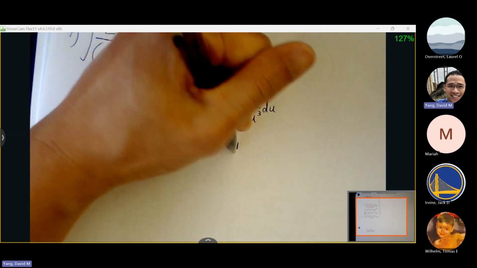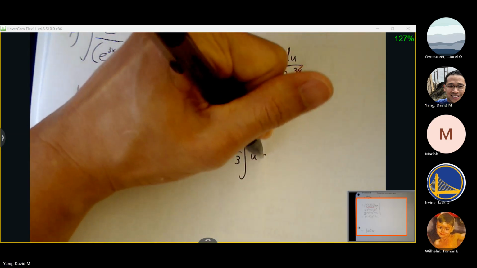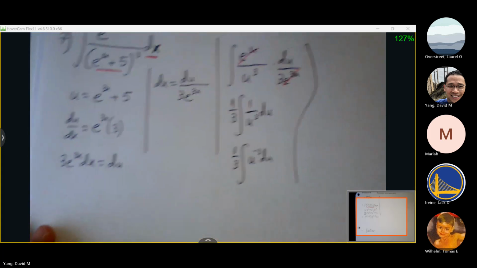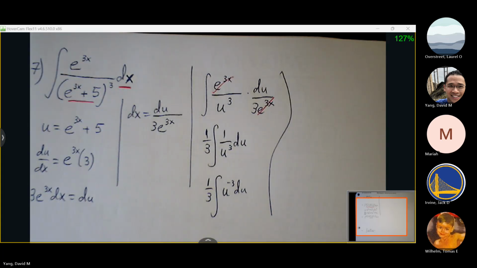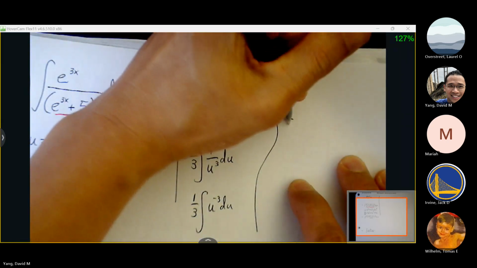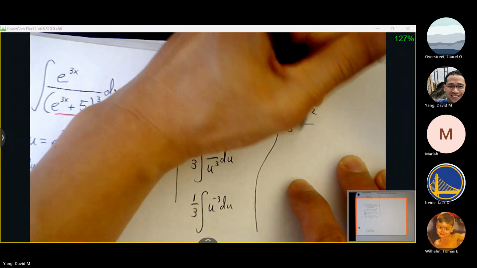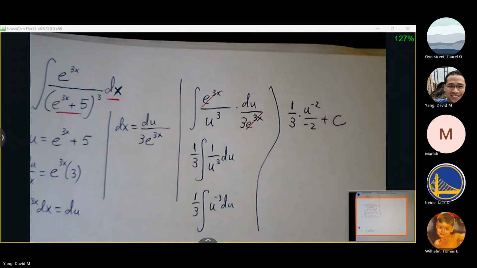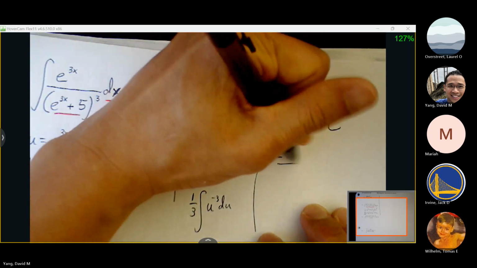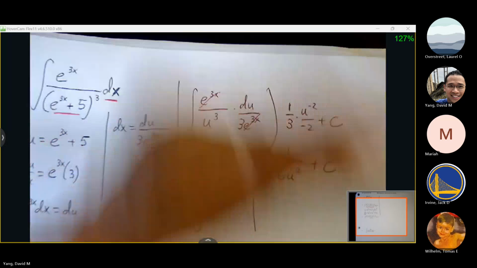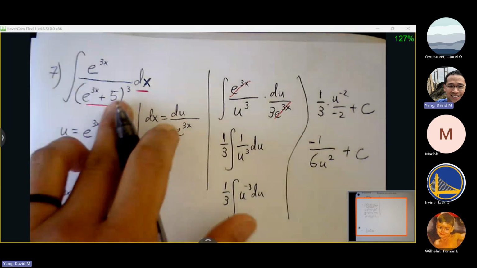This is a power rule problem. Okay, replace the u back in terms of x.